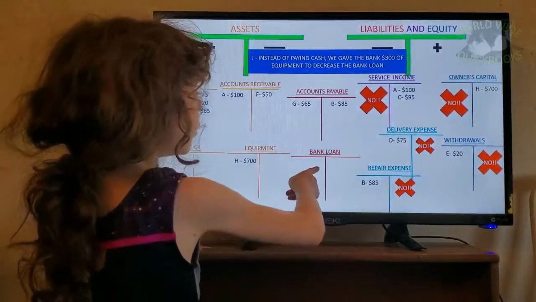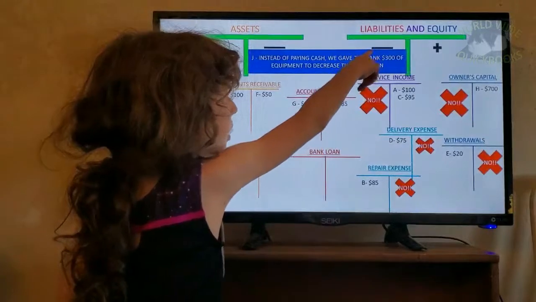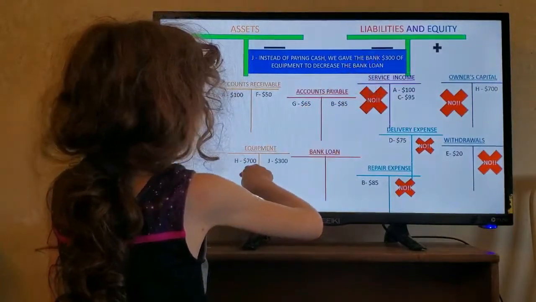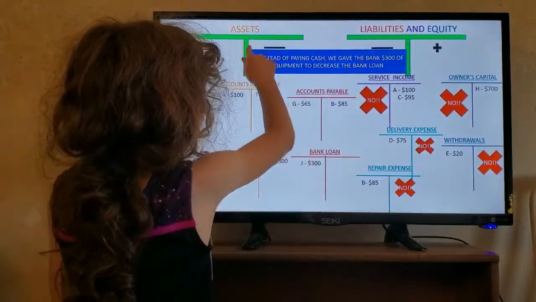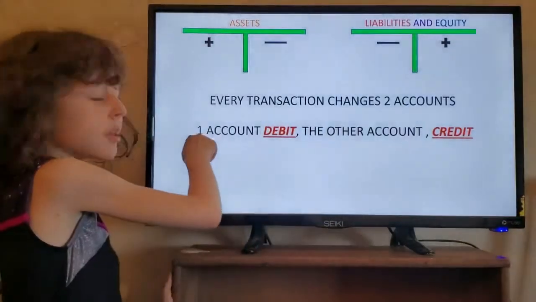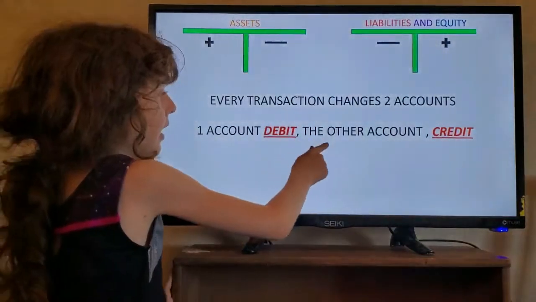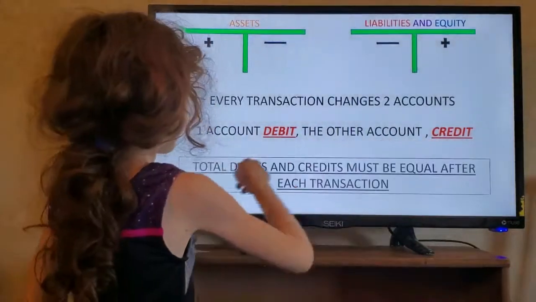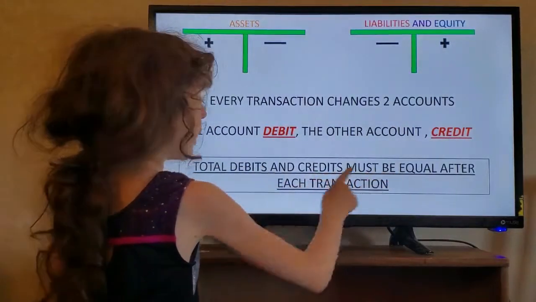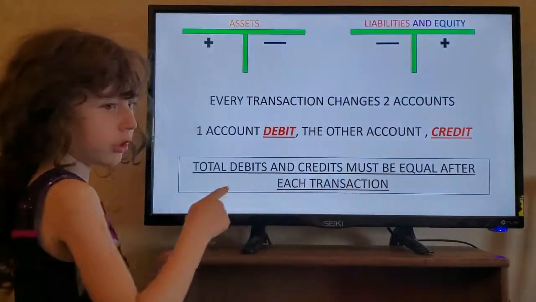So bank loan is minus and it's a liability, so it has to be debit. Equipment is also minus and it's an asset, so it has to be credit. It doesn't have to be one account debit and the other account credit, as long as total debits and credits equal each other after each transaction.